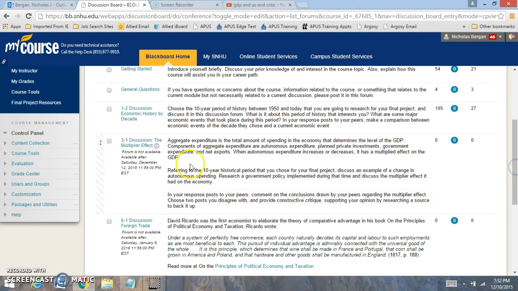So for this question, we're going to look at aggregate expenditures. Aggregate expenditures are total spending in our economy, and it determines the level of GDP. So the components of GDP are consumption, investment, government spending, and net exports. And when we look at it, we have autonomous expenditures, which are spending that is independent of what we spend.